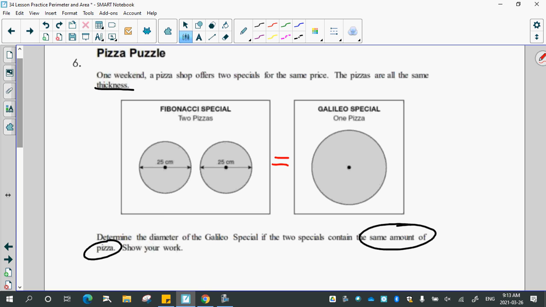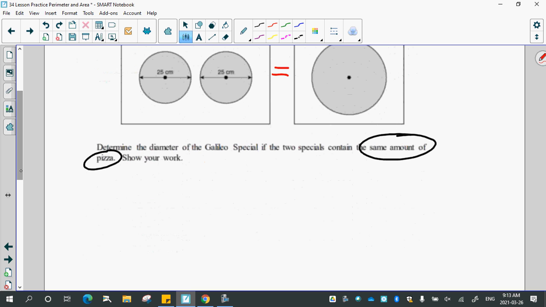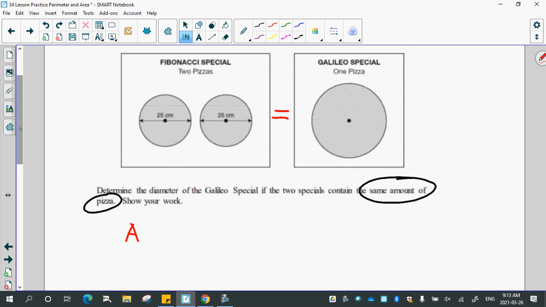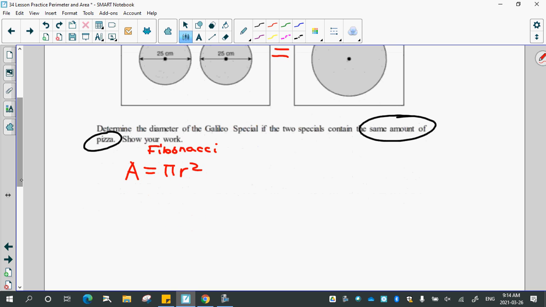So can I get the area of these two pizzas? How can I answer? Well, you can find the area of one and multiply by 2. Okay, I can do that. So what do you want to call these ones? Fibonacci? Fibonacci, always label your work. We know it's a circle and we're finding area, so there's our formula, pi r squared. Can I put in a times 2 since I know that I want 2 pieces here?